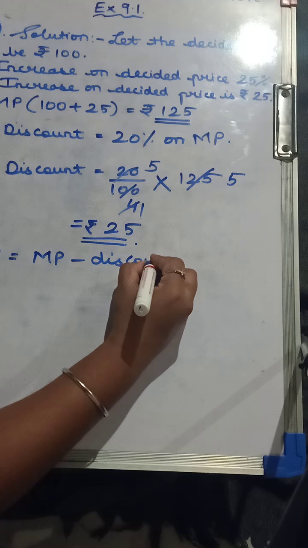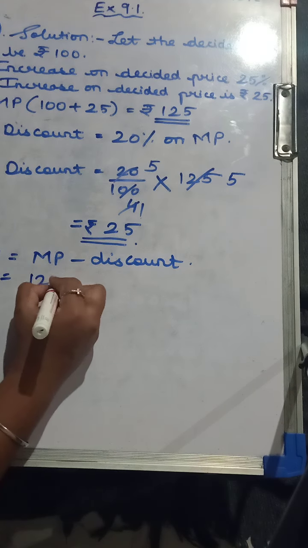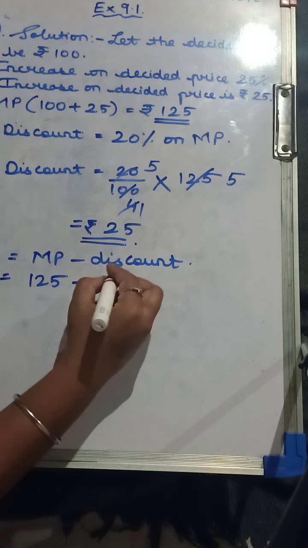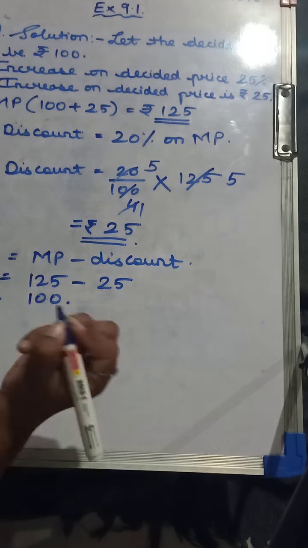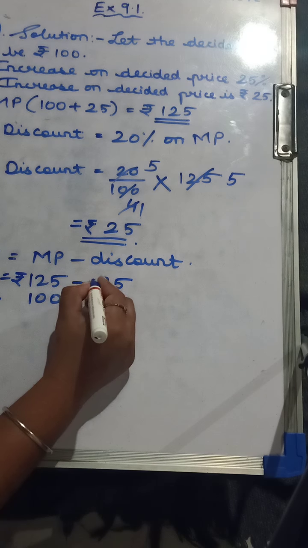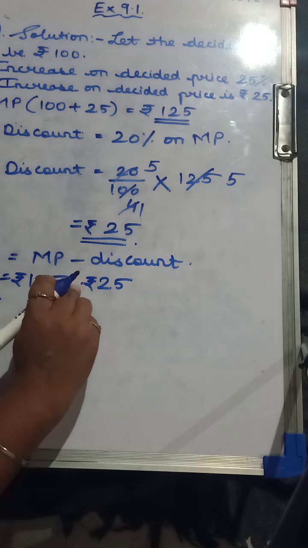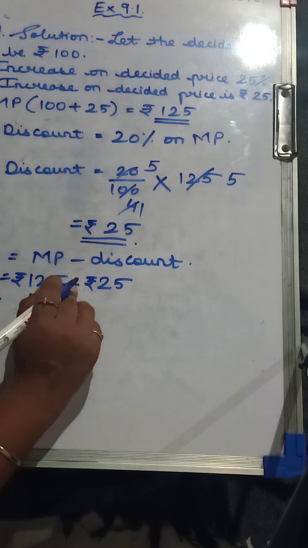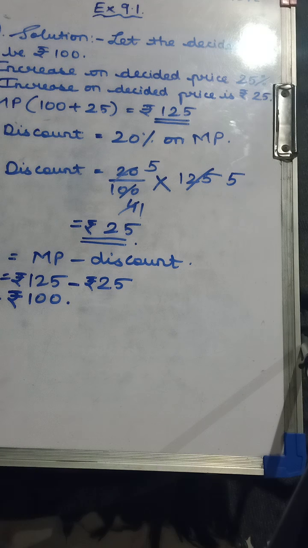Our MP is 125 and the discount given is 25. So rupees 125 minus rupees 25 is equal to rupees 100.